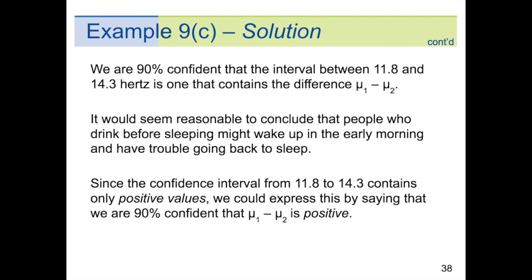It would seem reasonable to conclude that the people who drank before sleeping might wake up in the early morning and have trouble going back to sleep. Since the confidence interval from 11.8 to 14.3 contains only positive values, we could express this by saying that we are 90% confident that mu sub 1 minus mu sub 2 is positive.